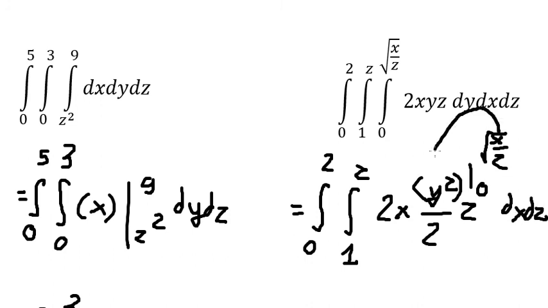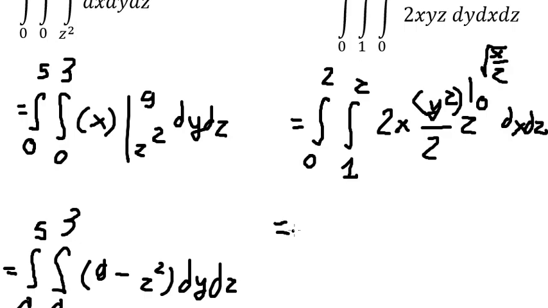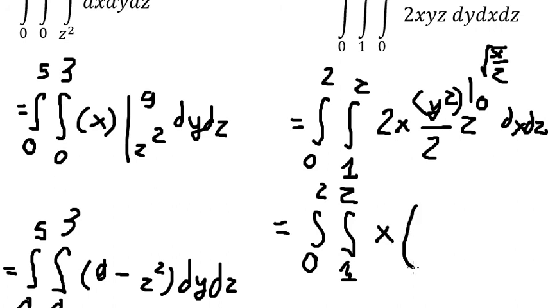Now I will put this one here, number 0 here. So we just have, number 2 and number 2 cancel, and we have xz minus 0 square. So we just write this, and I will have z.